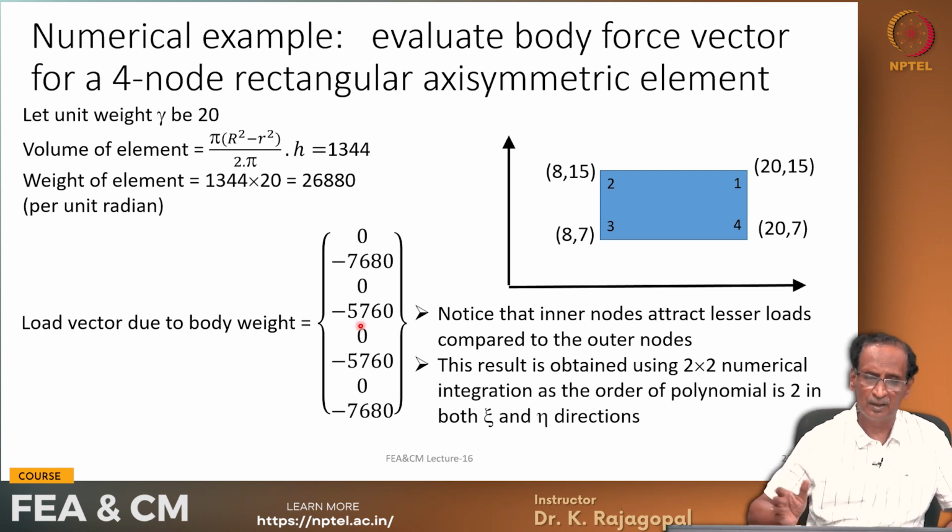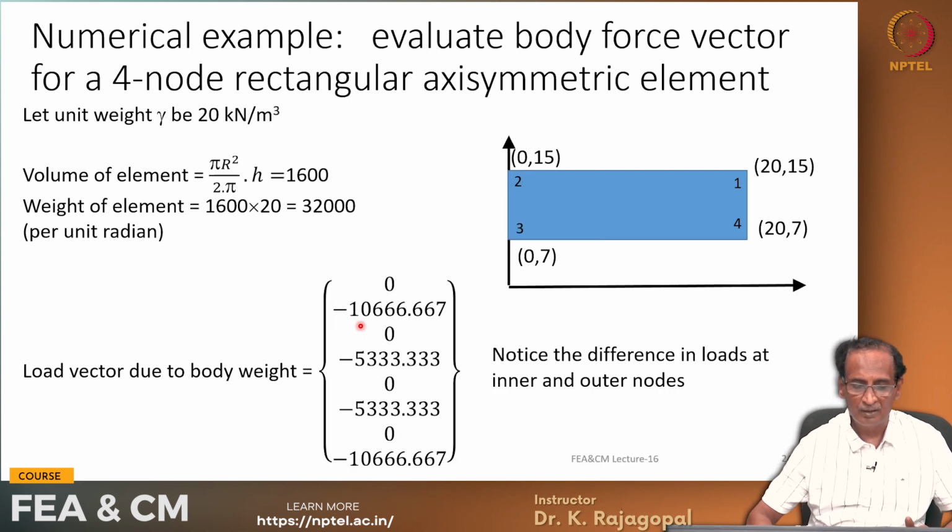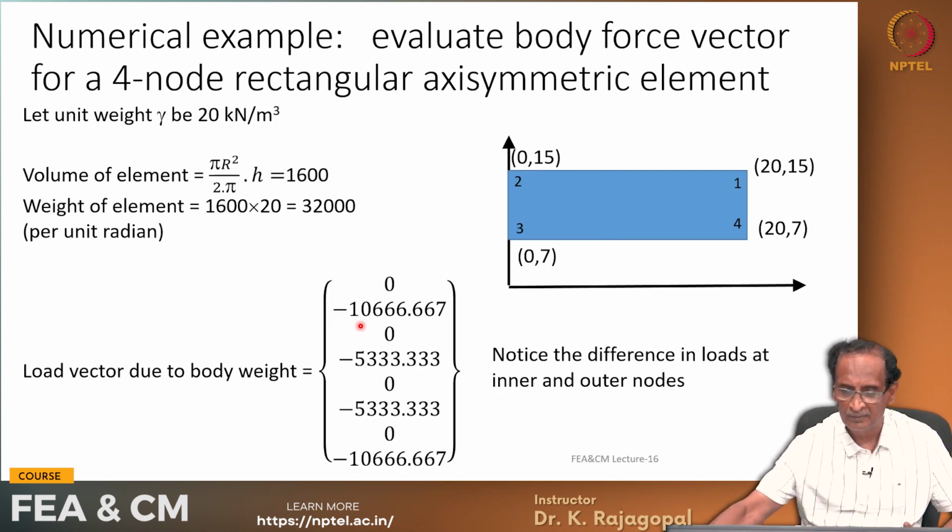I will show a computer program that you can utilize, or otherwise we do the previous calculation 4 times and then add them up. Now the same problem with slightly different coordinates. Here we have the axisymmetric element starting from the origin.